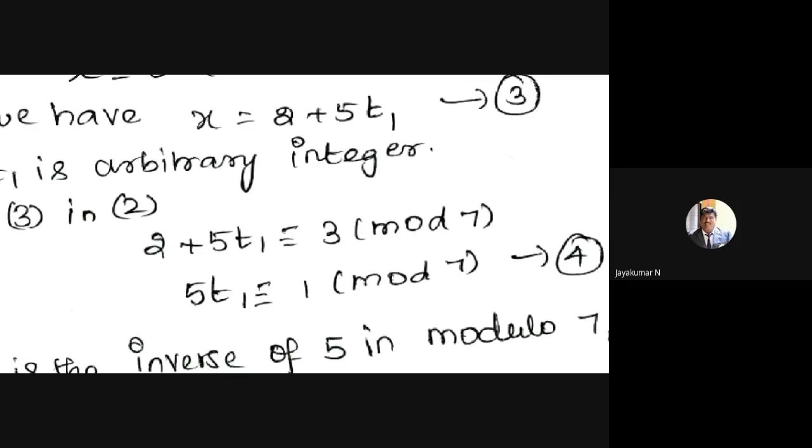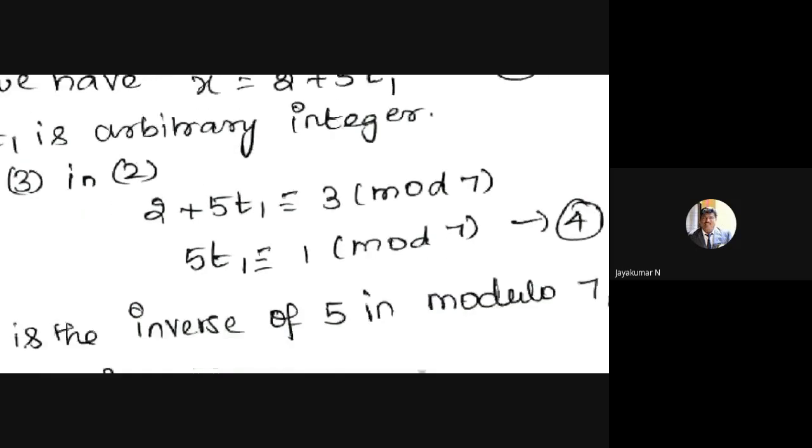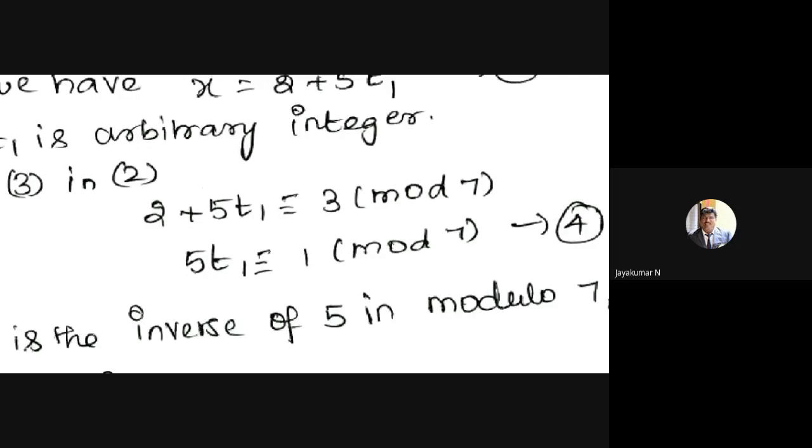If you put t1 equal to 2, 5 into 2 is 10, and when 10 is divided by 7 the remainder is 3, but we want remainder 1. When you put t1 equal to 3, 5 into 3 is 15, and when 15 is divided by 7 the remainder is 1. So 3 is the inverse of 5 in mod 7.